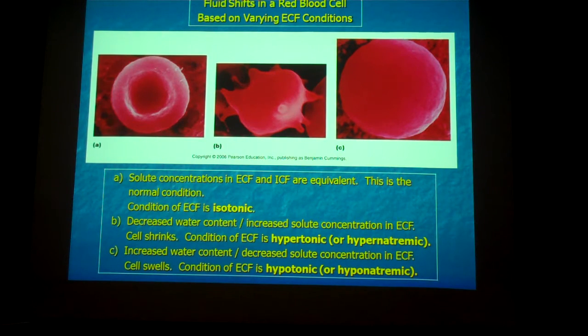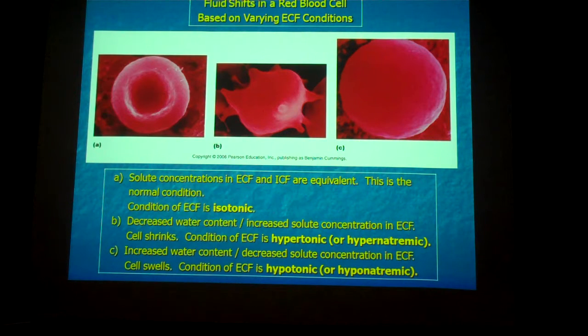Now, look at this red cell. It's shrunken up, isn't it? It's what you call a crenated red cell. Now, what caused this? The release of fluid. More water in the ECF. The solute concentration in extracellular fluid was higher than the solute concentration in here. It pulled water out of the cell.